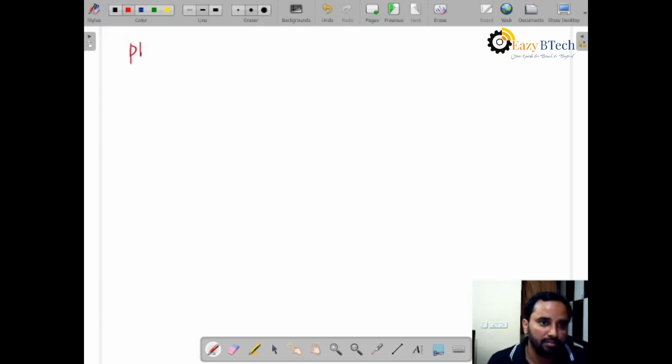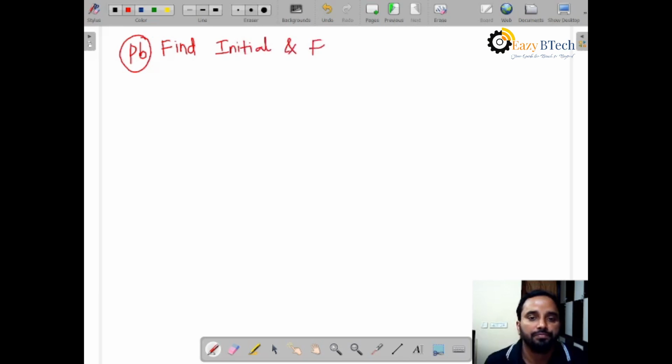And we can do initial and final value. So find the initial and final value of the given functions.